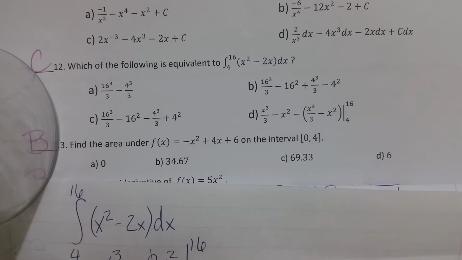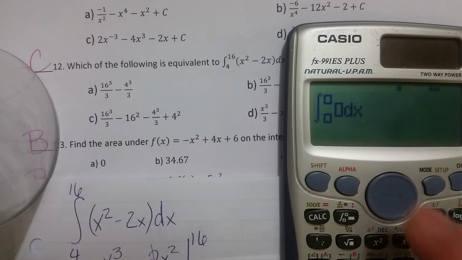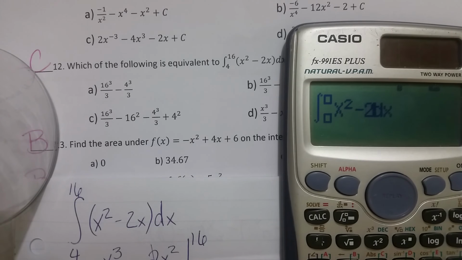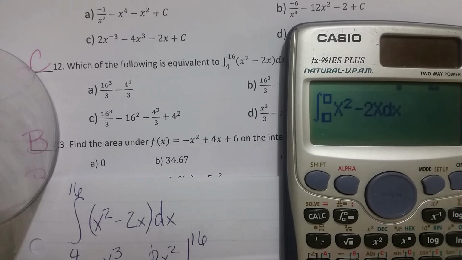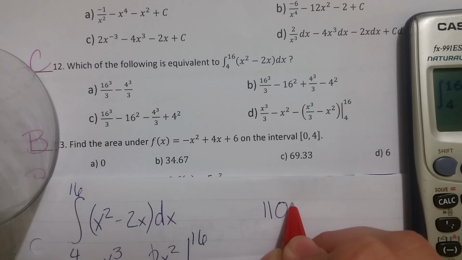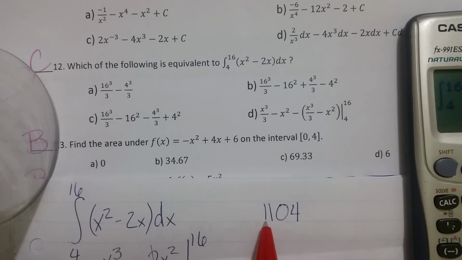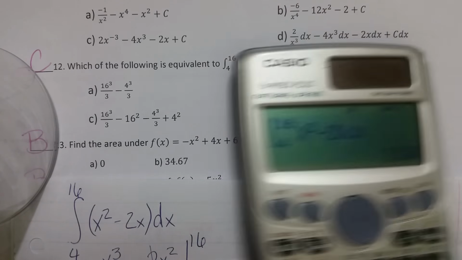The other thing you could have done is go ahead and solve it in your calculator. So in this case, I've got alpha x squared minus 2x, and then I'm going from 4 to 16, and I've got 1104.